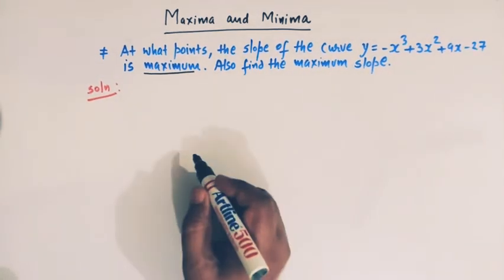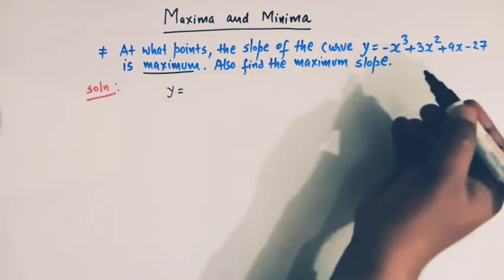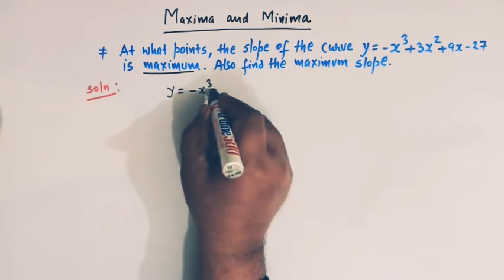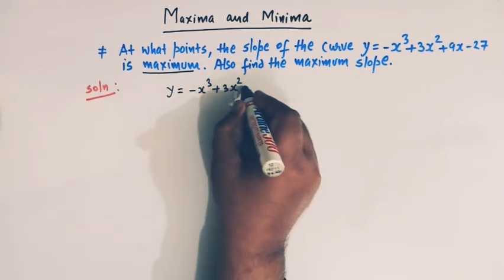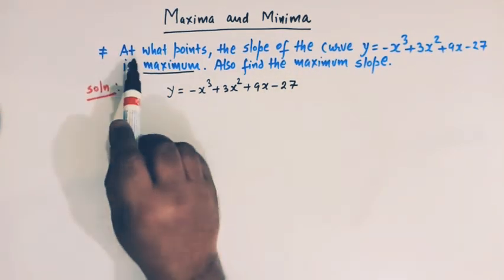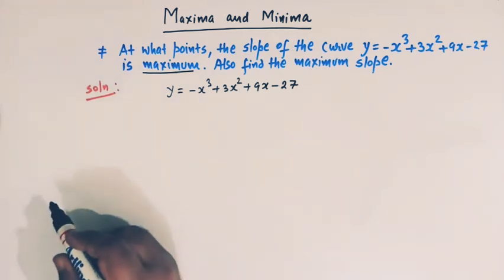Now this is a problem from maxima and minima, and the equation of the curve is given to us, and we have to find the points at which the slope of the curve is maximum, right?